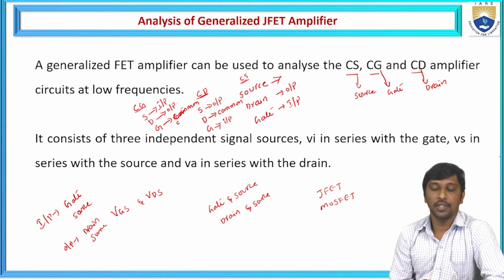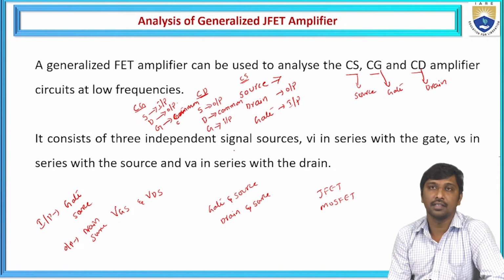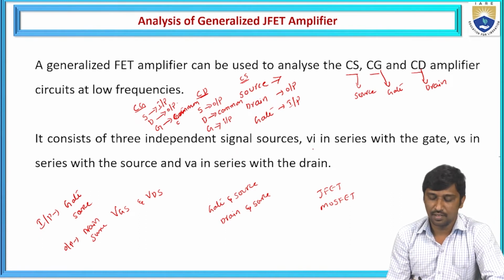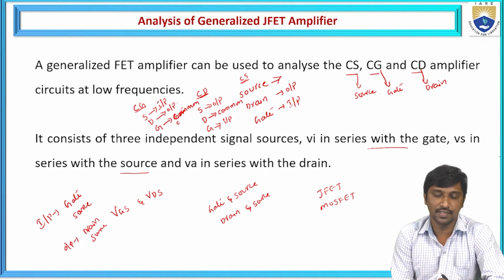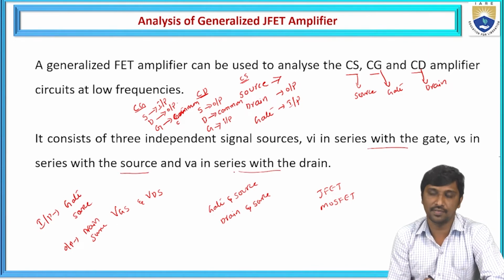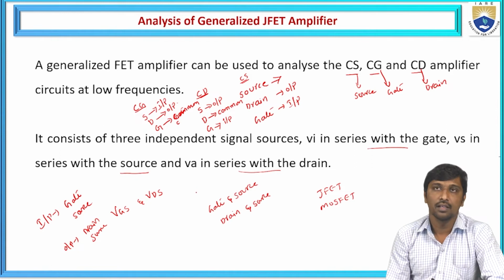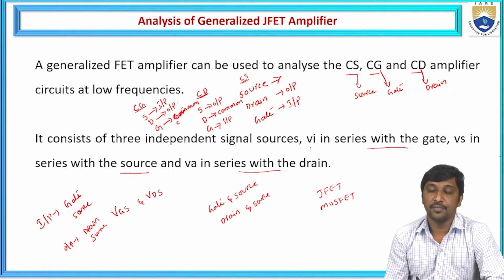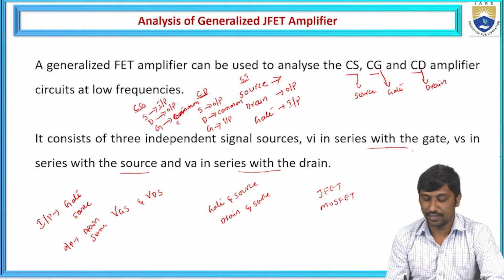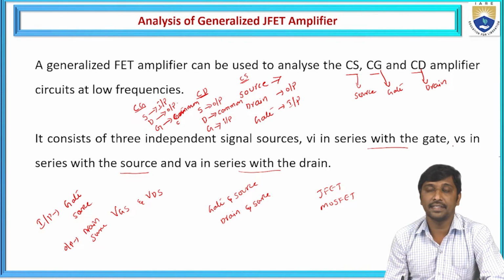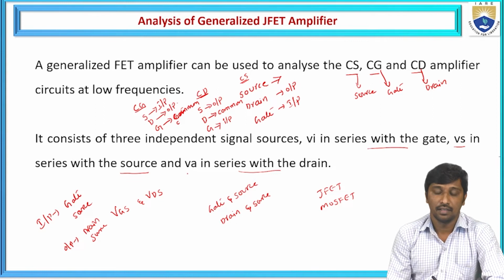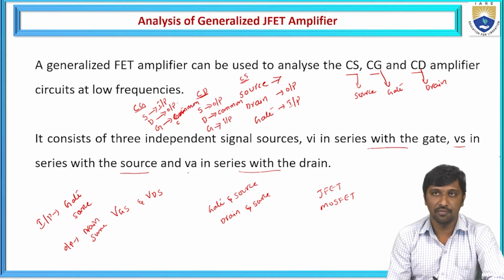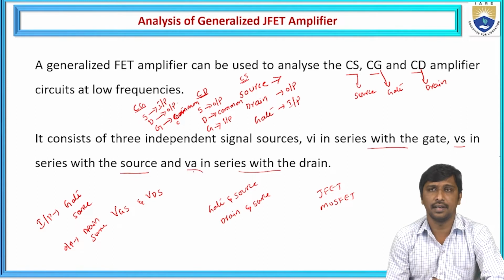So hence, I'm going to connect three independent, different signal sources. One is in series with the gate, one is in series with the source, and one is in series with the drain. When the input signal Vi is connected with the gate, the voltage across the source is represented as Vs, and similarly I represented one voltage source, Va, in series with the drain.